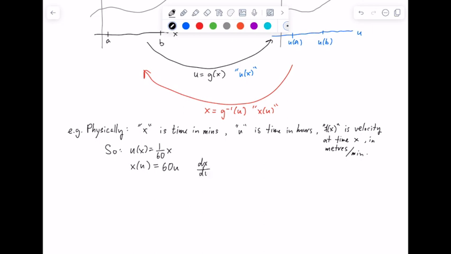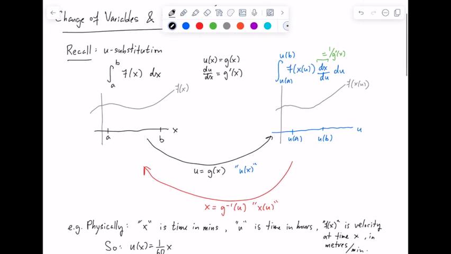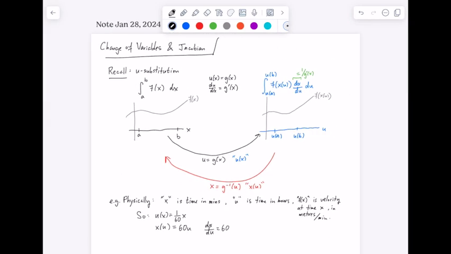What this is telling you is that it doesn't really matter, as we know, how you measure the time as long as everything scales correctly. So for example, if your velocity is 1 meter per minute, and you're integrating 1 meter per minute from a equals 0 minutes to b equals 1 minute, then you've traveled 1 meter.